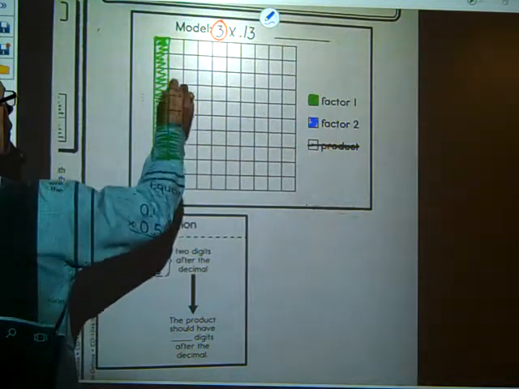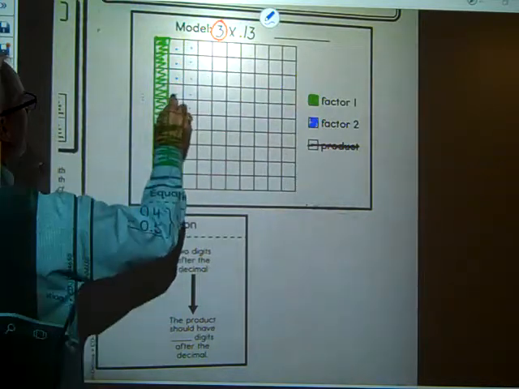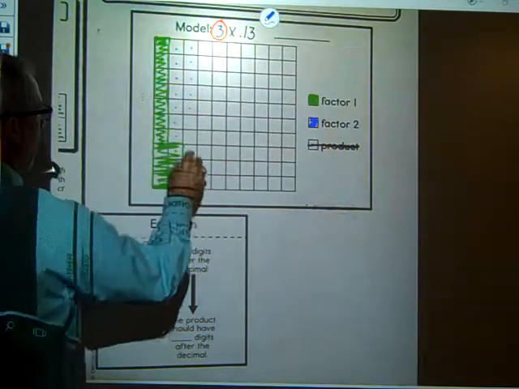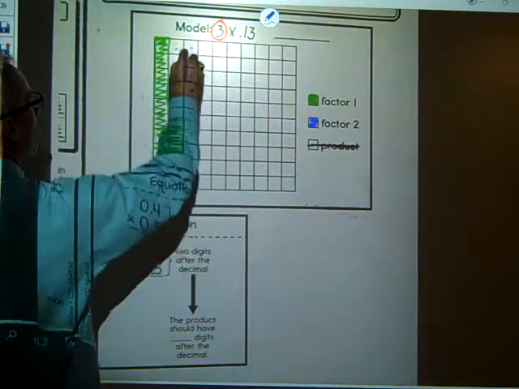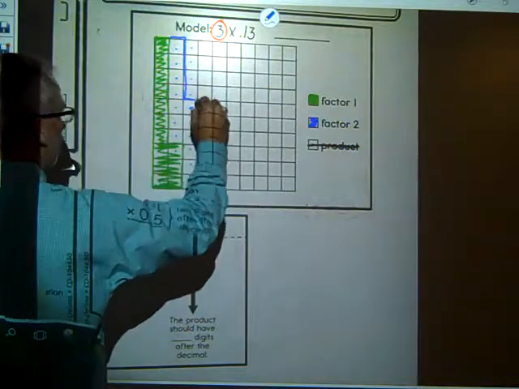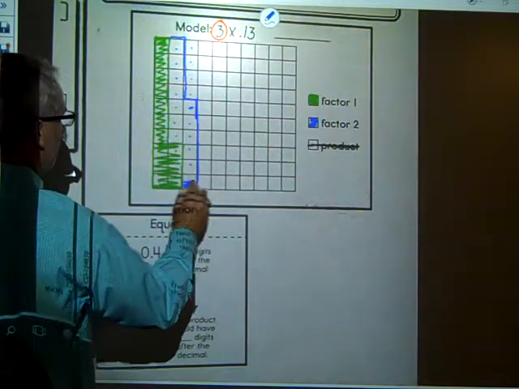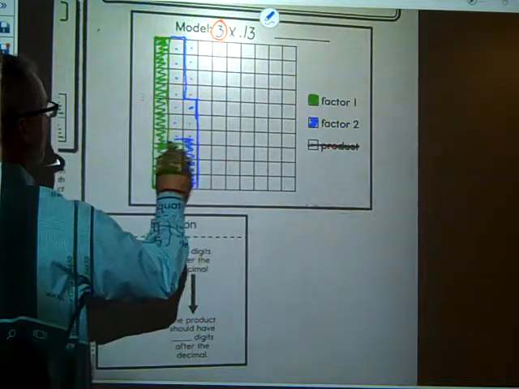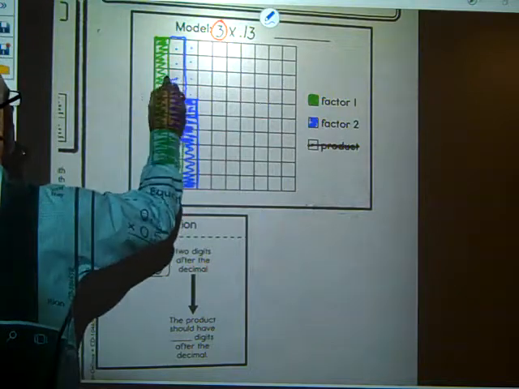1, 2, 3, 4, 5, 6, 7, 8, 9, 10, 11, 12, 13. With your second color, shade in 13 more. How many groups do I have so far? 2. How many do I need? 3.